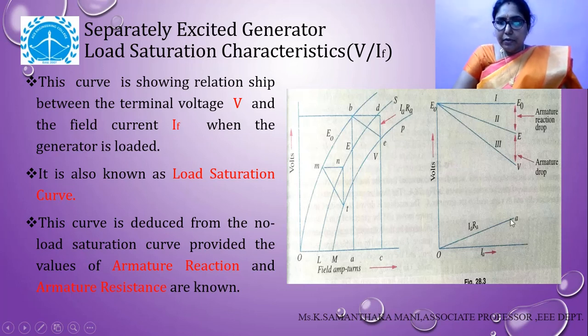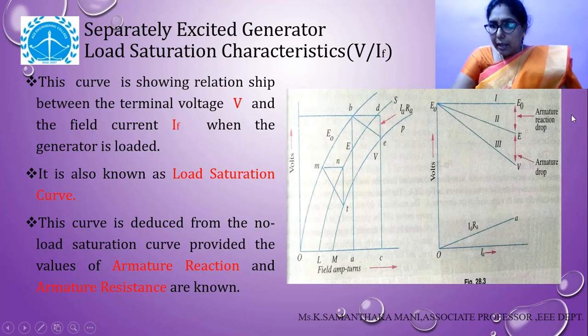If you observe, on the x-axis we are considering the current, and on the y-axis E naught is the voltage. The straight line, as I mentioned earlier, is E naught, nothing but the EMF generated in the armature. After that, IARA is the voltage drop, and we replicate the same here by reducing it.